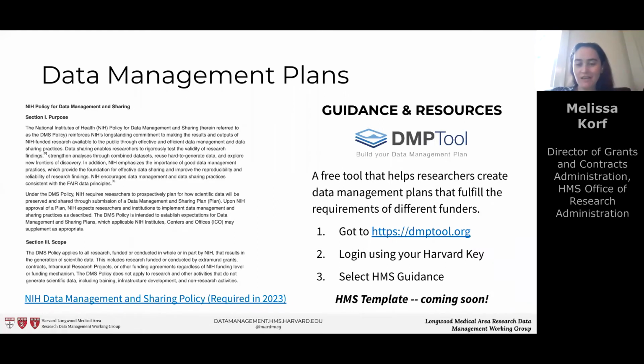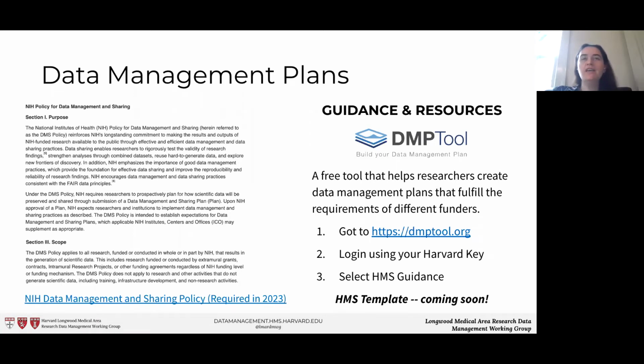Hi, everyone. Like Julie said, my name is Melissa Korf. I'm the Director for Grants and Contracts in ORA. And research data management is near and dear to our hearts in ORA because we have the pleasure of working on all of the data use agreements for Harvard Medical School and the School of Dental Medicine.